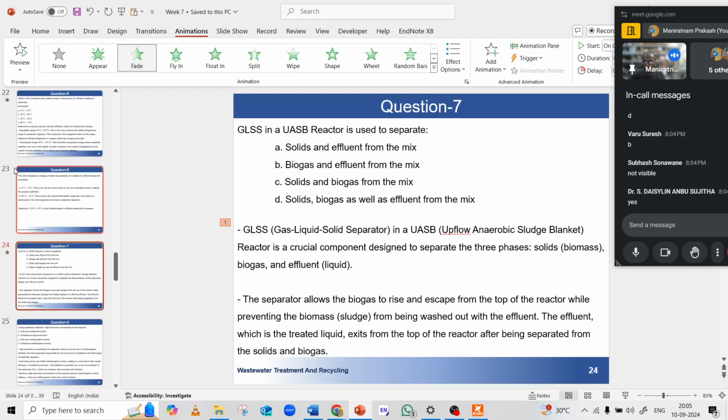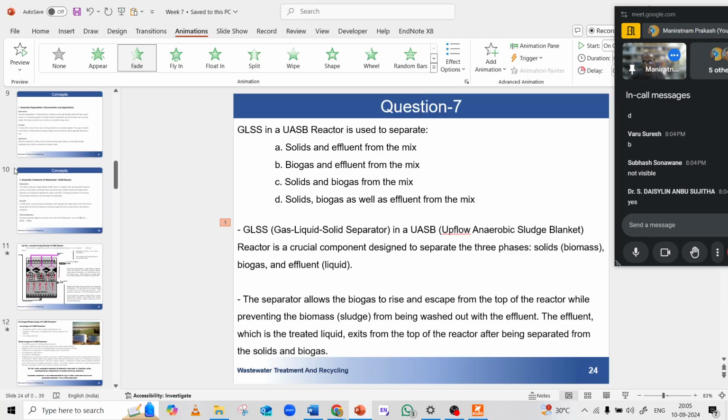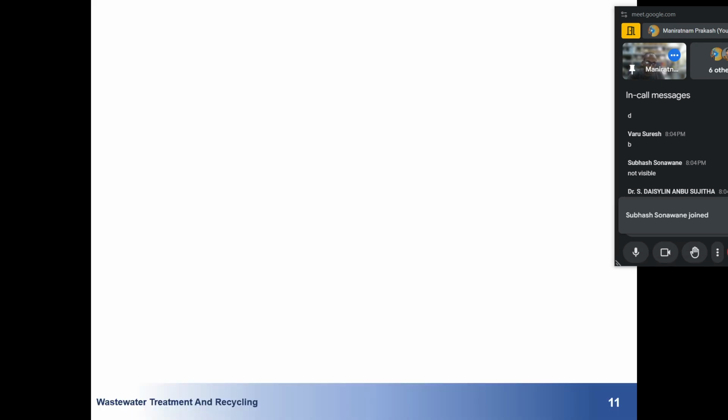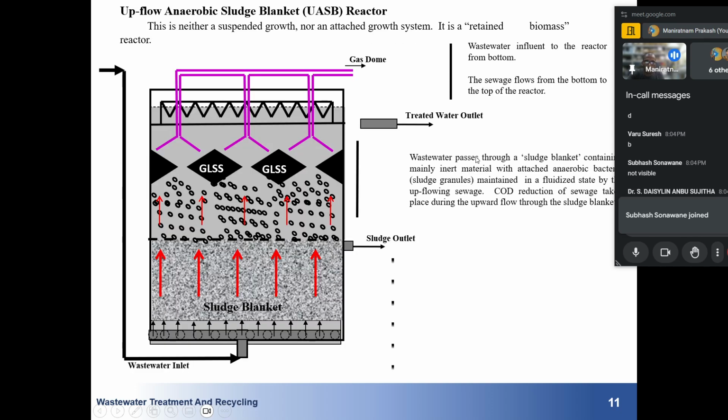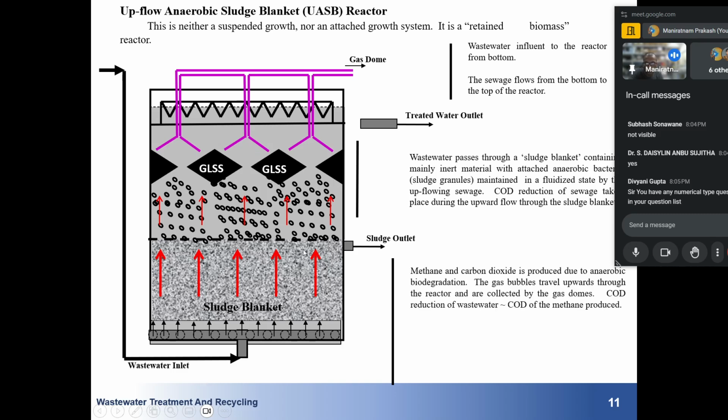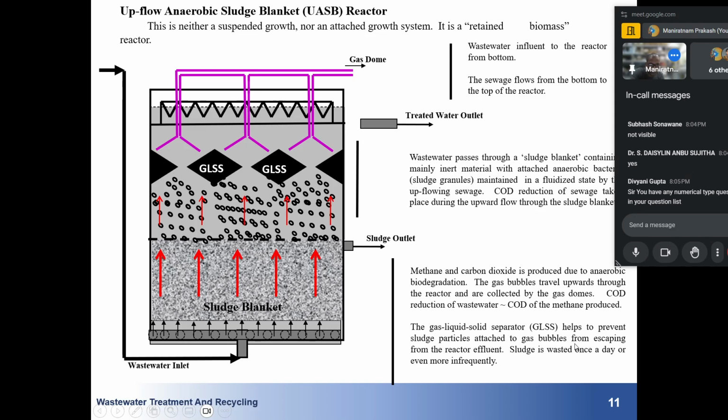So just to show what this is. This was our UASB reactor. The water was going from here, then through this sludge blanket, and this gas was. There are high chances that you can see sludge particles attached to some.